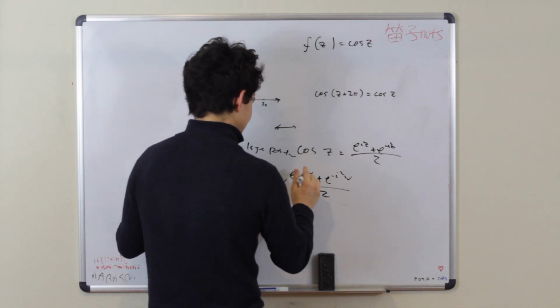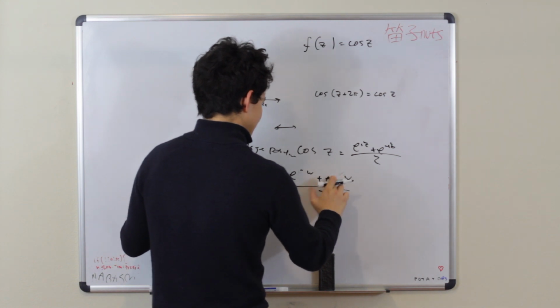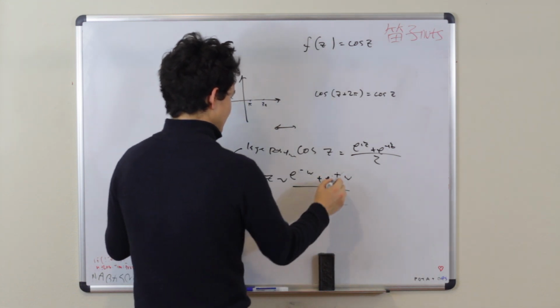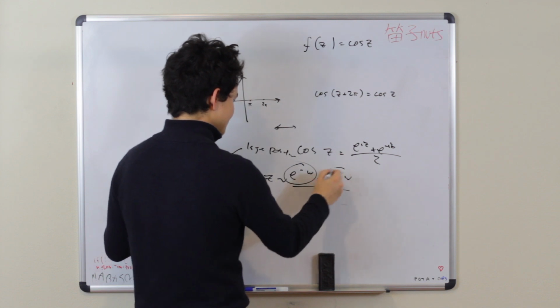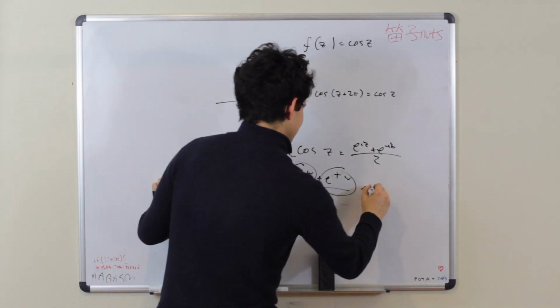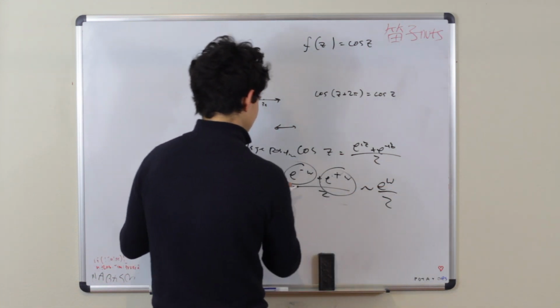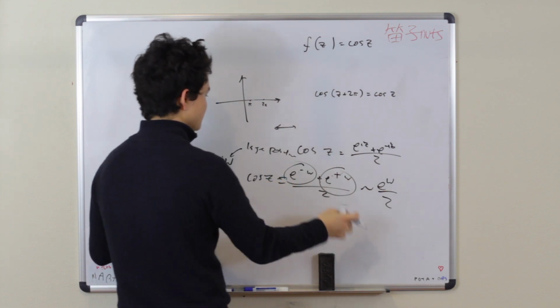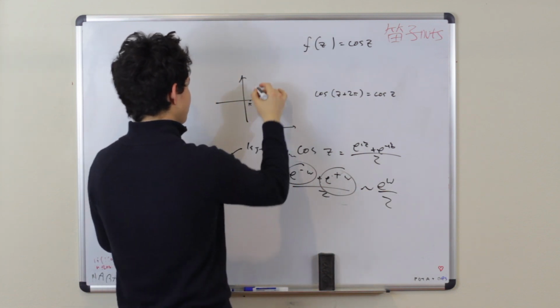This becomes negative w. This becomes positive w. And this is tiny. This becomes huge. And so this is about e to the w over 2. So, in conclusion, as w gets large in imaginary value, this blows up.